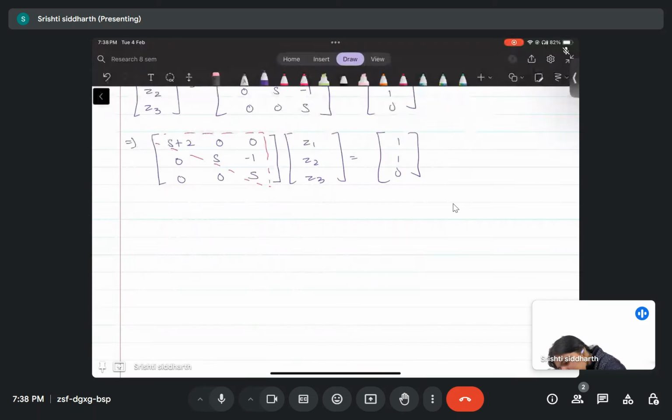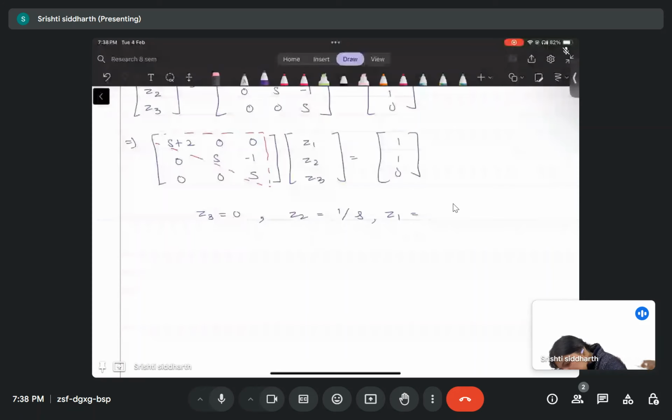Z3 equals 0. S Z2 equals 1, so Z2 is 1 over S. Z1 is 1 over S plus 2.